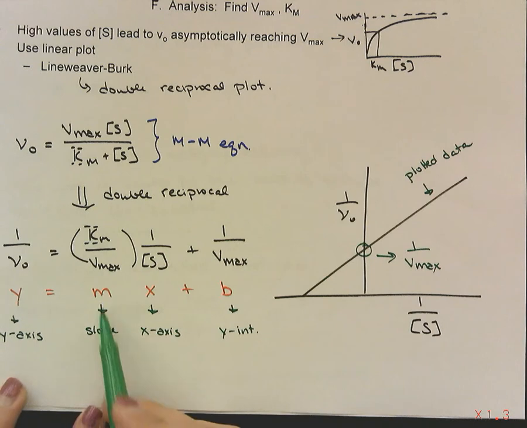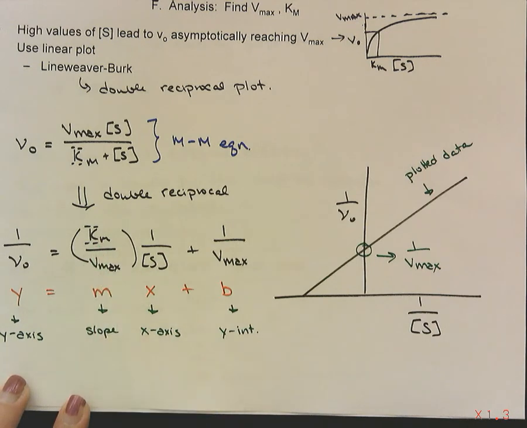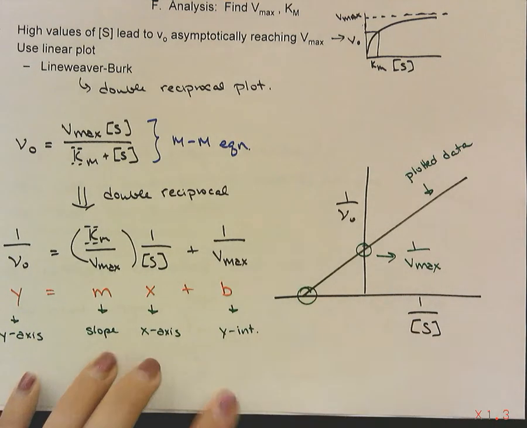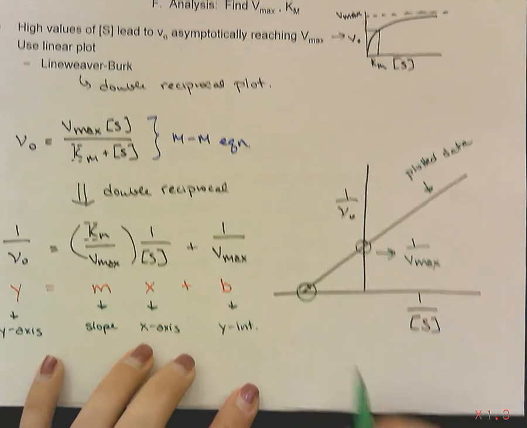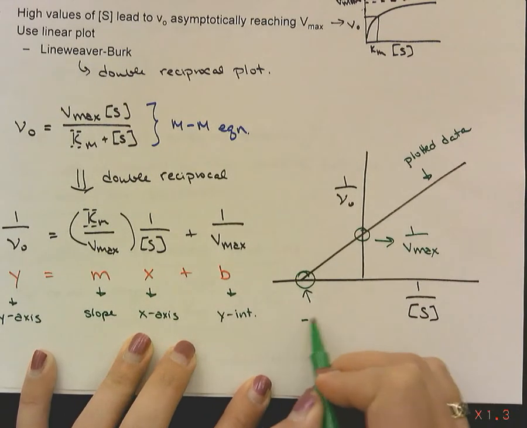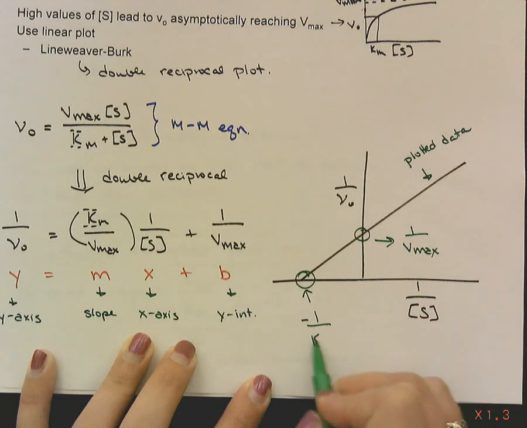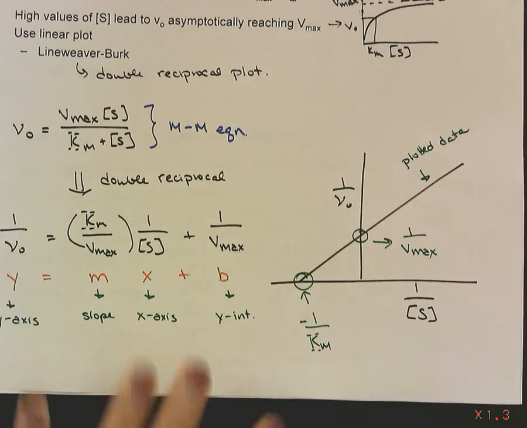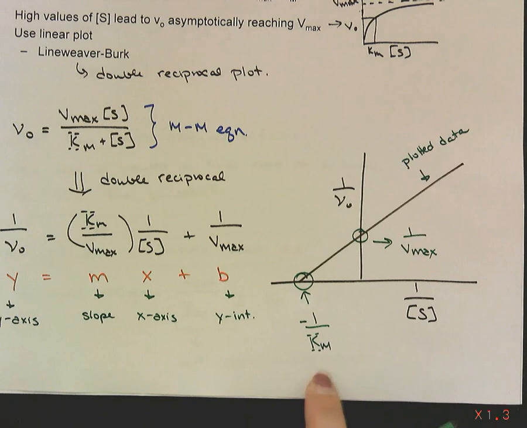The slope for this equation is going to be Km over Vmax, which is useful, but actually the more interesting point on this graph is the x-intercept, which is negative 1 over Km. You could figure that out if you set y equal to 0: everything else would shuffle out and you would get x to be negative 1 over Km.